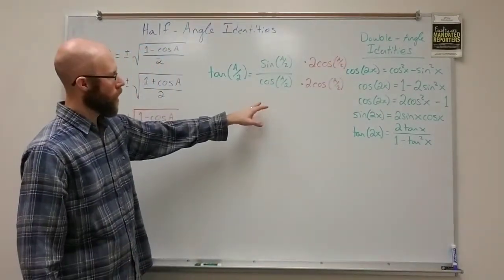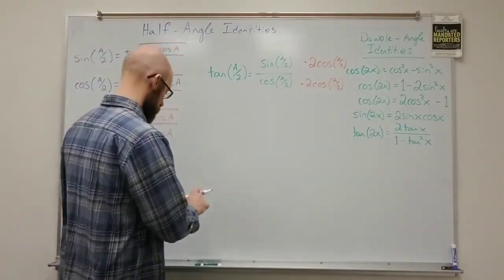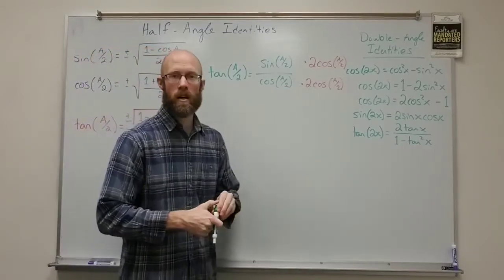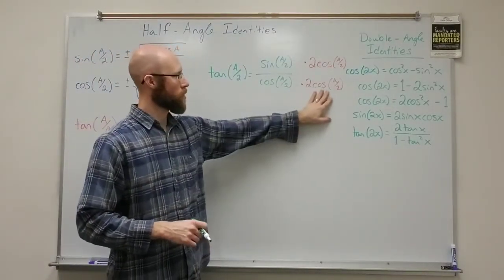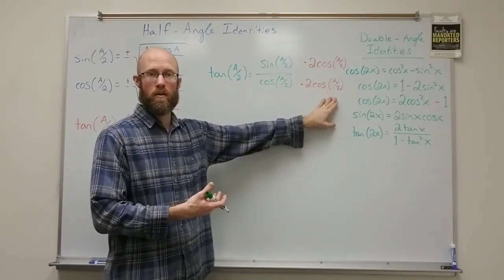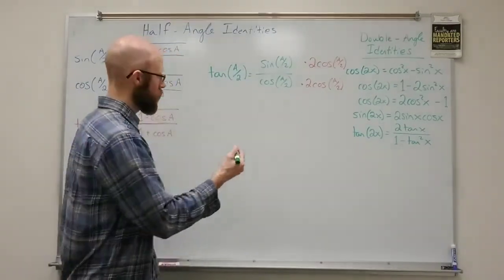So, when I do that multiplication, and again, this is just a kind of a clever mathematical trick. We're just utilizing this particular expression of 2 cos a over 2 because it's going to work well for us as we go.